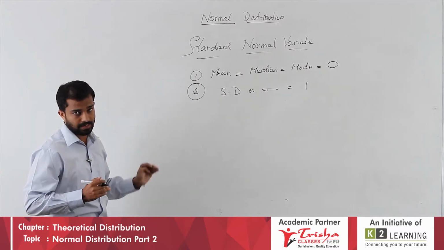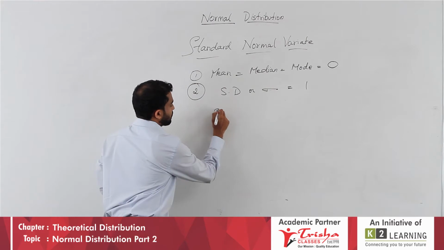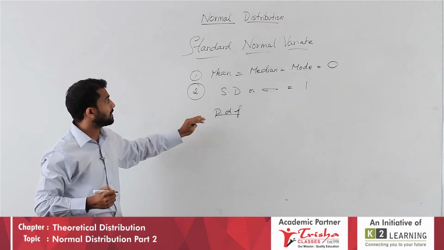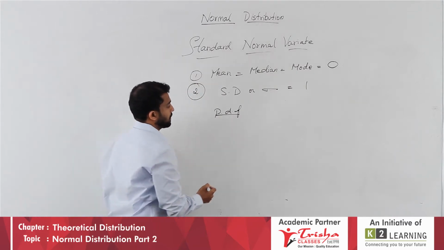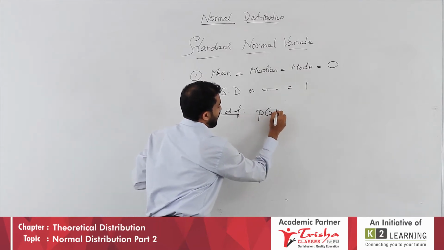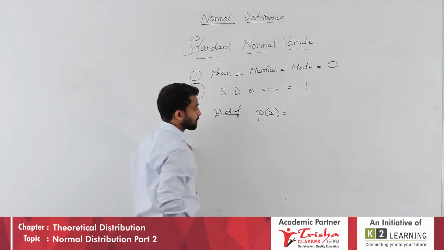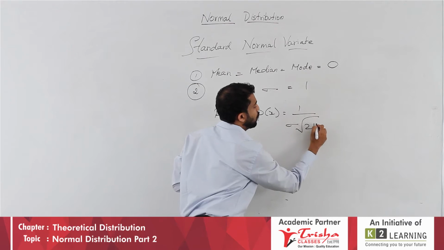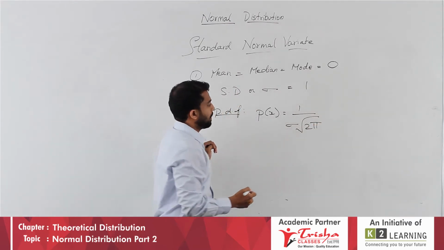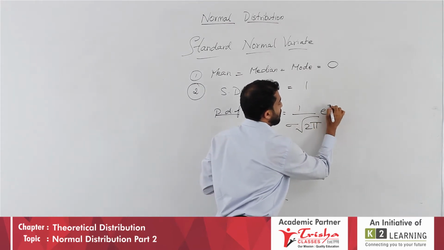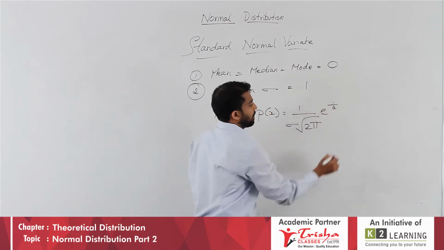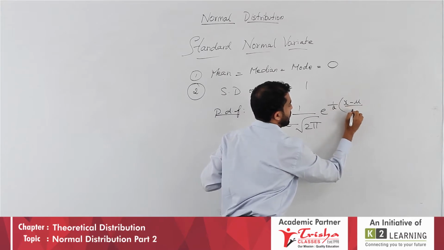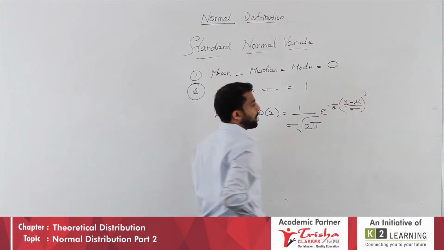How will it change? Let us see. Normally, what is the probability density function? The probability density function for a normal distribution is P of x is equal to 1 by sigma square root 2 pi into e to the power minus half, open the bracket, x minus mu divided by sigma the whole square.